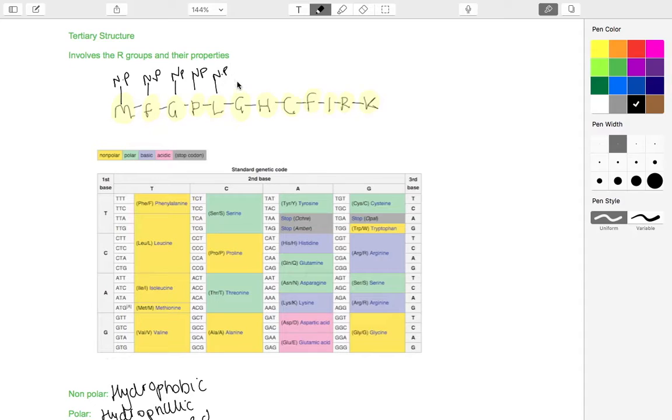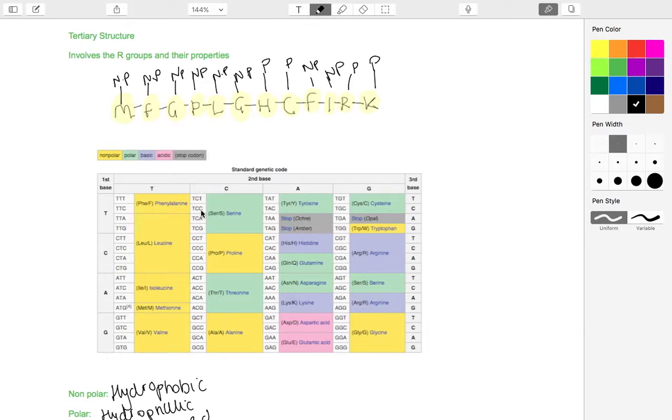Now histidine is polar. So is C, which is cysteine. That's non-polar, non-polar. And then you've got arginine, which is polar, and K, which is lysine. And that is indeed polar.